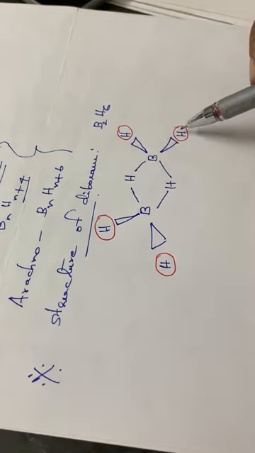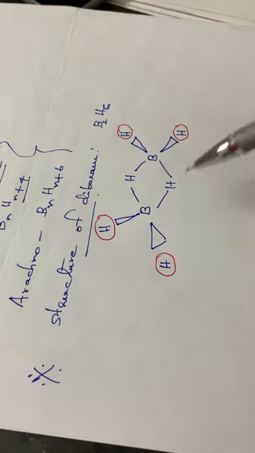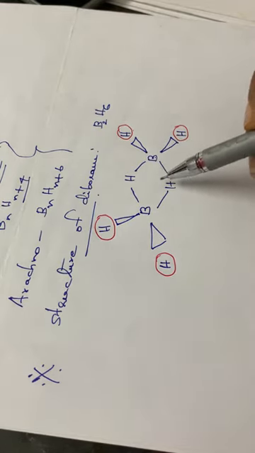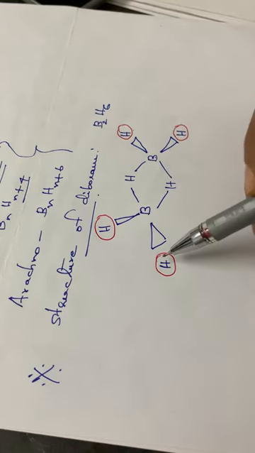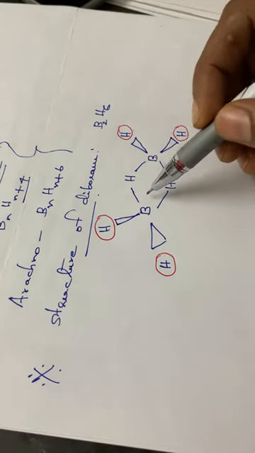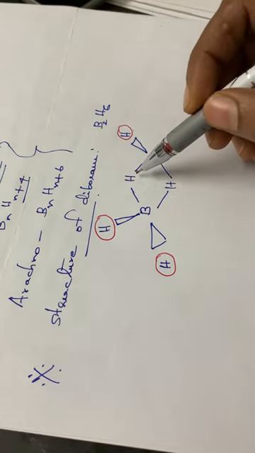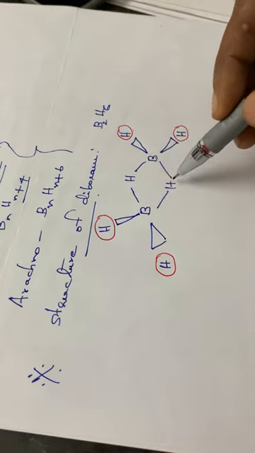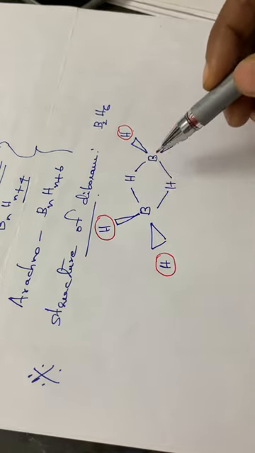Okay, so these 4 hydrogen atoms lie in a different plane, and these 4 atoms, that is 2 hydrogens and 2 borons, lie in another plane. Here also these 2 hydrogen atoms are bridging hydrogen atoms. That means it forms a bridge-like structure in the case of this molecule B2H6.